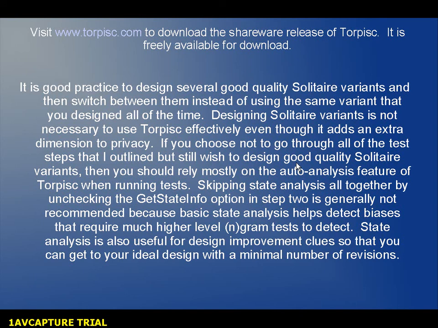Skipping state analysis altogether by unchecking the Get State Info option in step 2 is generally not recommended because basic state analysis helps detect biases that require much higher level n-gram tests to detect. So you should definitely do that, at least for trigram tests. So also keep in mind that state analysis is useful for design improvement clues so that you can get to your ideal design with a minimal number of revisions.